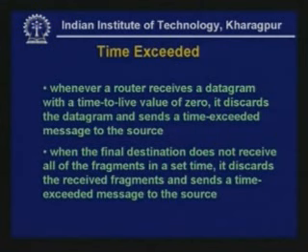So these are two different cases. One is that at the destination some of the fragments never reached, so after a specified time it drops all the fragments and sends a time exceeded message to the original source. And the other is when a router receives a datagram with a time to live field of 0.